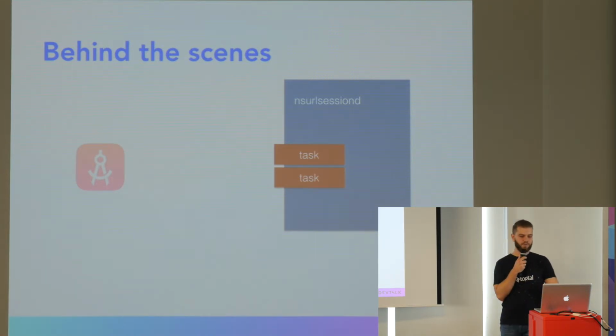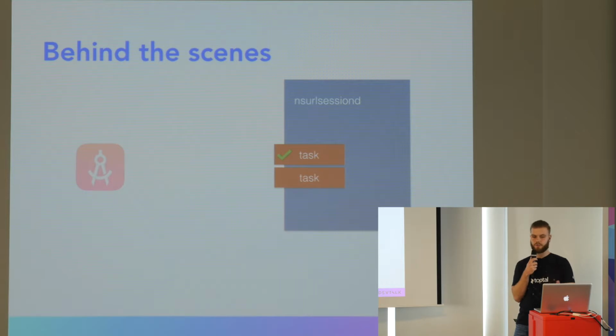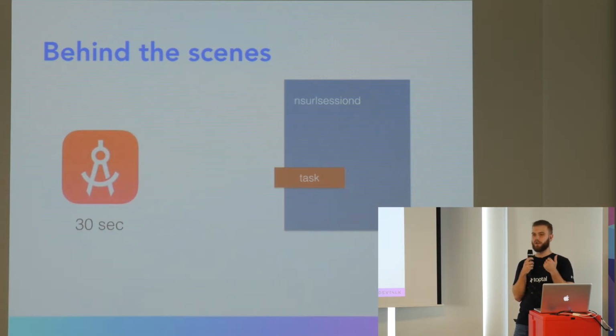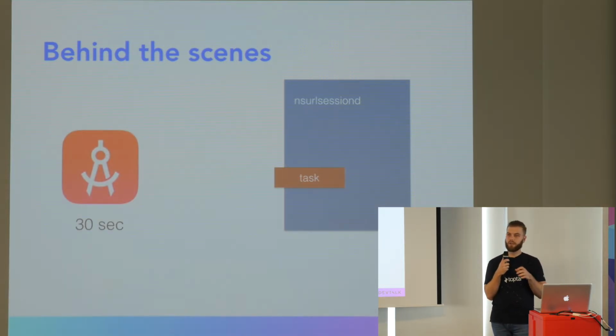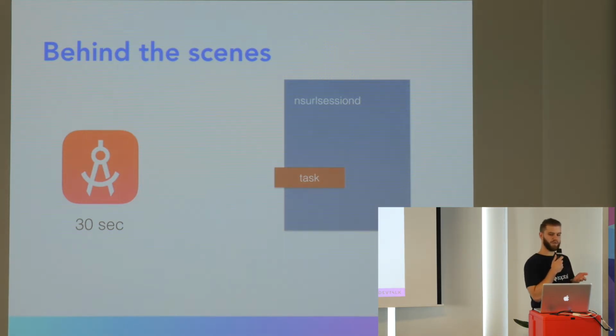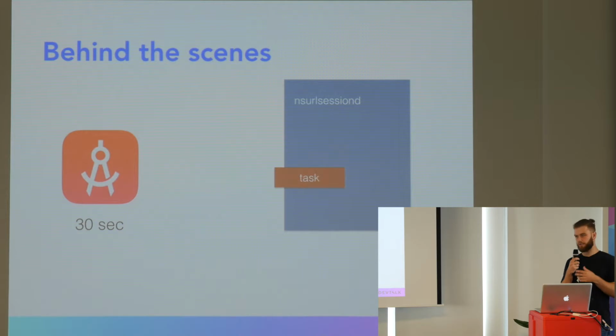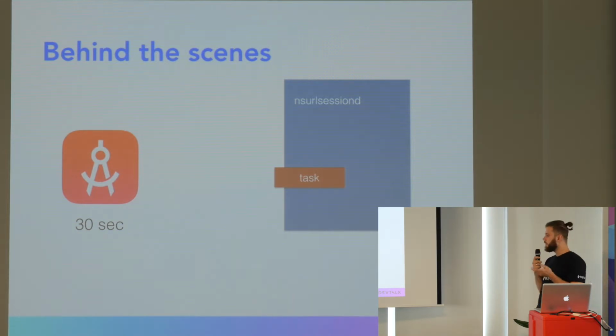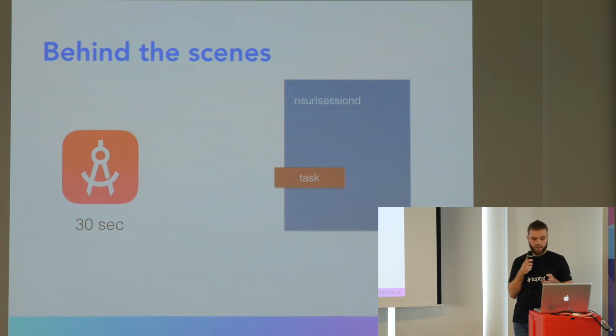All the tasks that finished in NSURLSession D will go back to your app, and it will wake your app and again give you 30 seconds to do anything you want. Usually it's post-processing of your task, like marking files or photos as uploaded or downloaded. It depends on the type of the app. But the general idea is that it works independently of your app and gives you 30 seconds after it finishes.